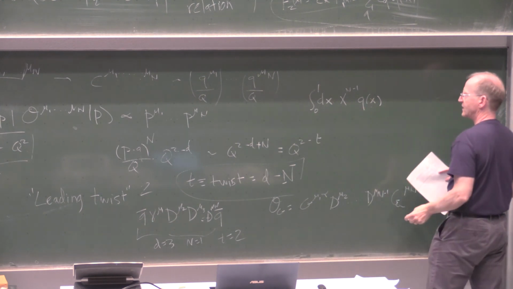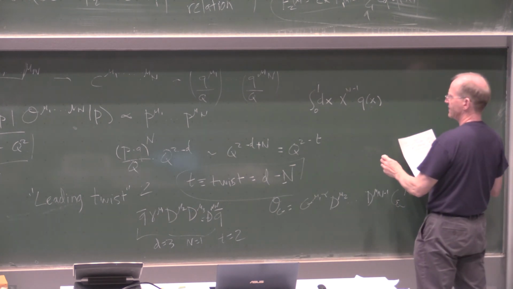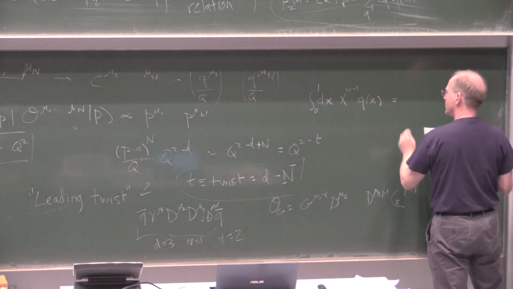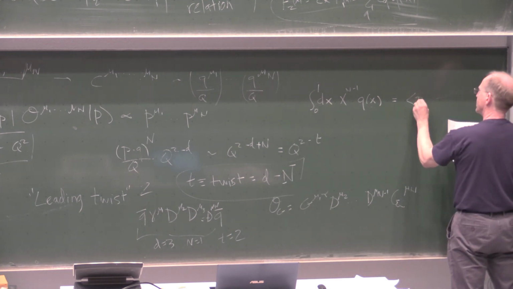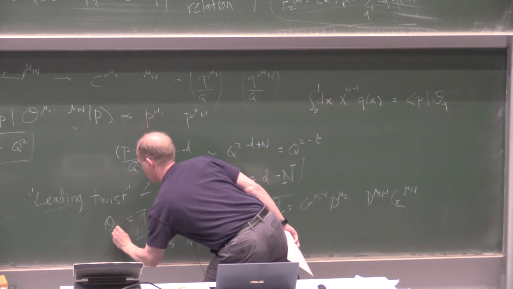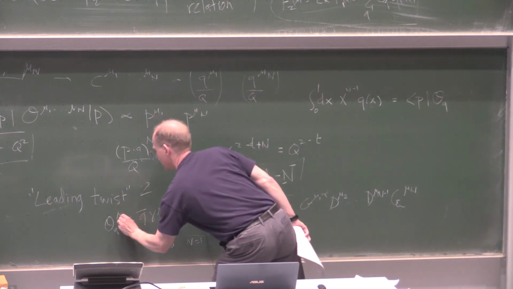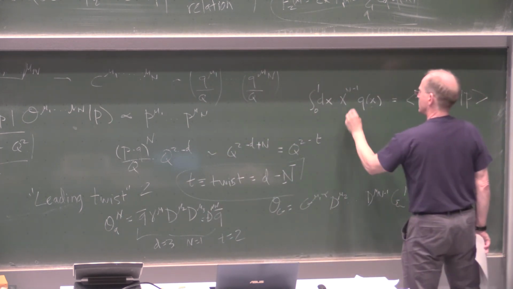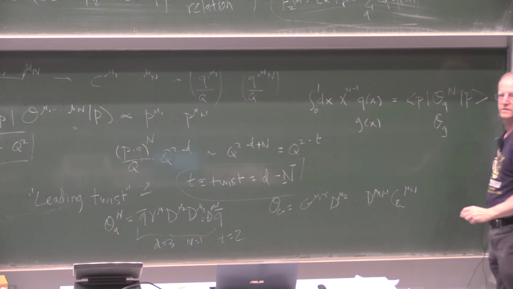So the variable x naturally runs from 0 to 1, since it's the probability of finding a momentum with that fraction. And we can Mellin transform it by multiplying it by x to the n minus 1, and that will be the leading twist series of quark operators, with an n on that. And similarly for g of x with OG.